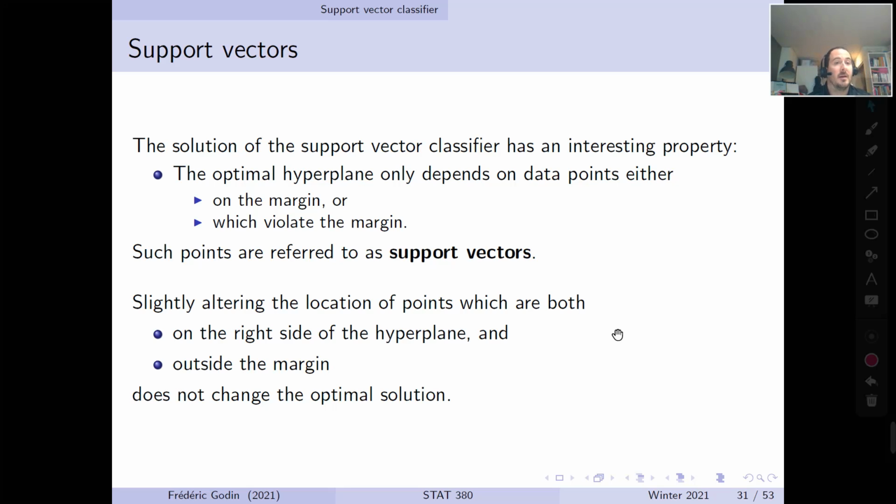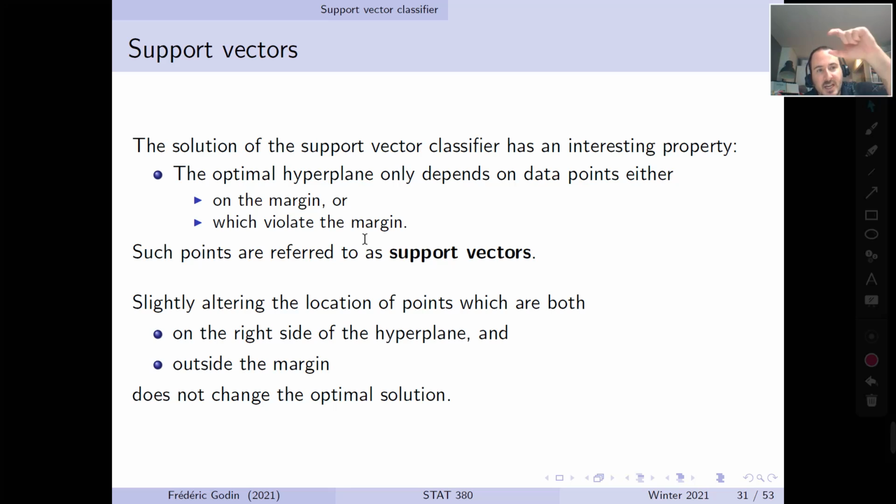Okay, so in the maximal margin classifier, you didn't have any violation, so only the points exactly on the margin were support vectors. But now the support vectors also include points which violate the margin. And why is this the case? It's because points which violate the margin have an impact because they need to consume some of the budget of the epsilon.